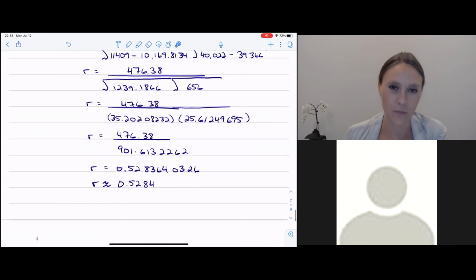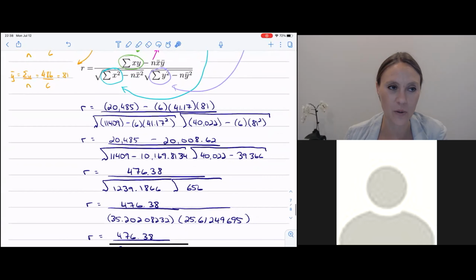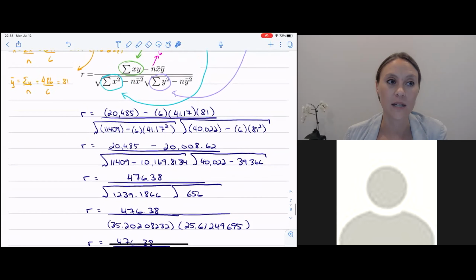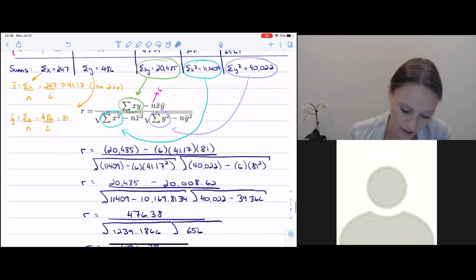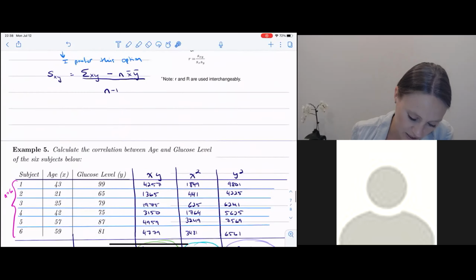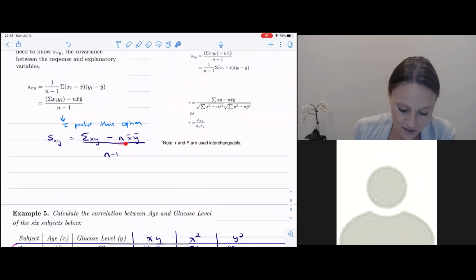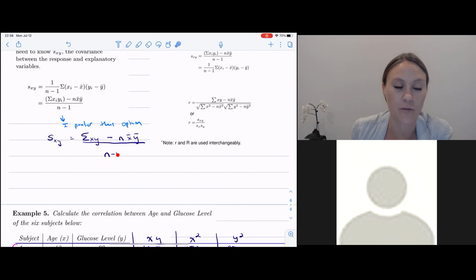So knowing the components and how we put them into the formula, now you can tackle finding the covariance as well, right? Because the covariance is just the exact same formula that you had in the numerator, except none of that nasty square root stuff in the denominator.